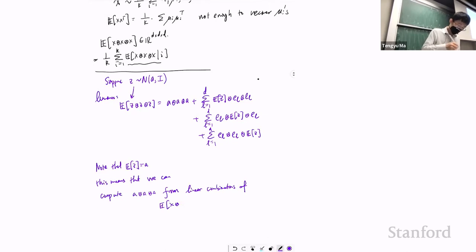Why it's useful to get the tensor a, I think that will be clearer. We'll see it in a moment. But this lemma tells you that if you know the first moment and third moment, you can get the tensor a. Sorry, I keep messing up with the letter here. So here is the Z.